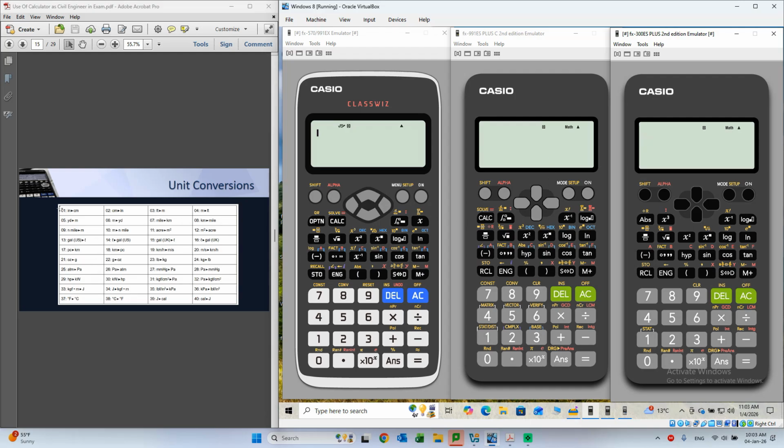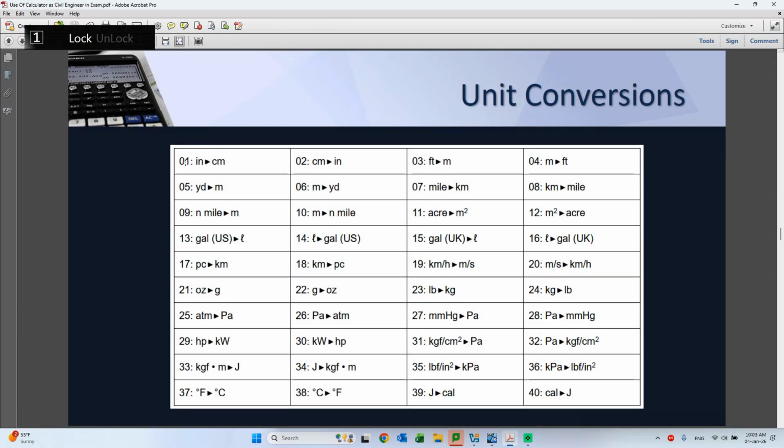You have, at least on the previous version, the ES, those tables that tell you, for example, at least 40 unit conversions available that you can convert, for example, from kilometer per hour to meter per second, which is used in dynamics, or vice versa.